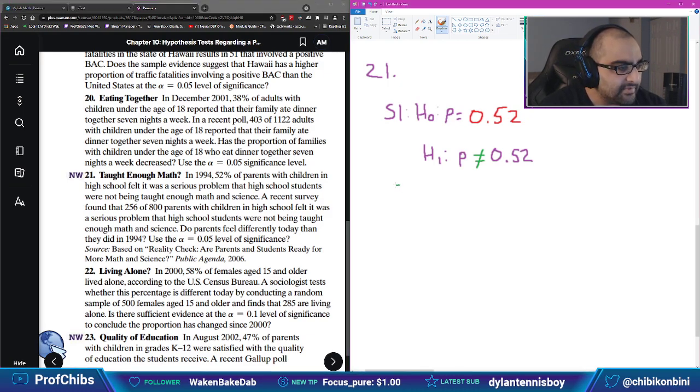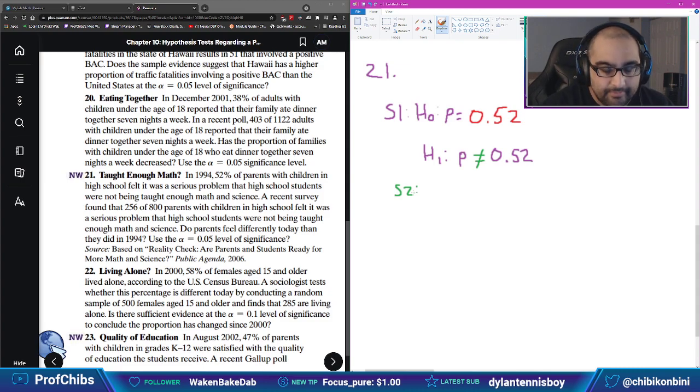All right, let's look at step 2 here. What type of test do we have here? Do we have a left tail, right tail, or two-tail test? Left, right, or two-tail? Sorry, I just need to get a little drink of tea.